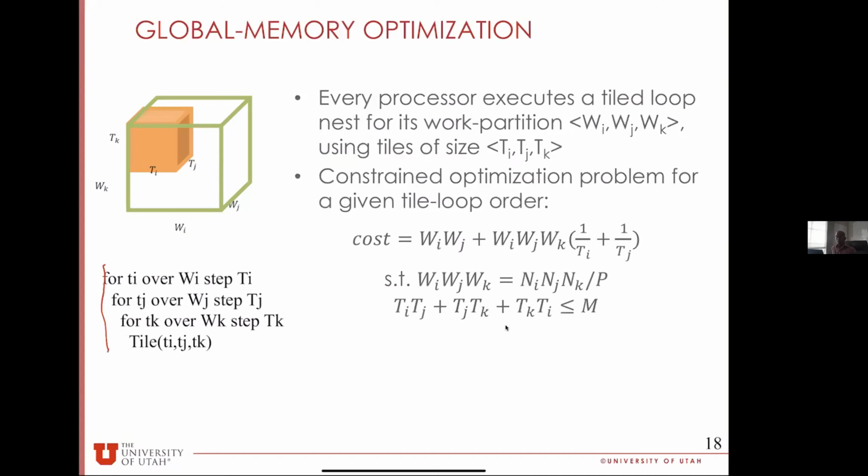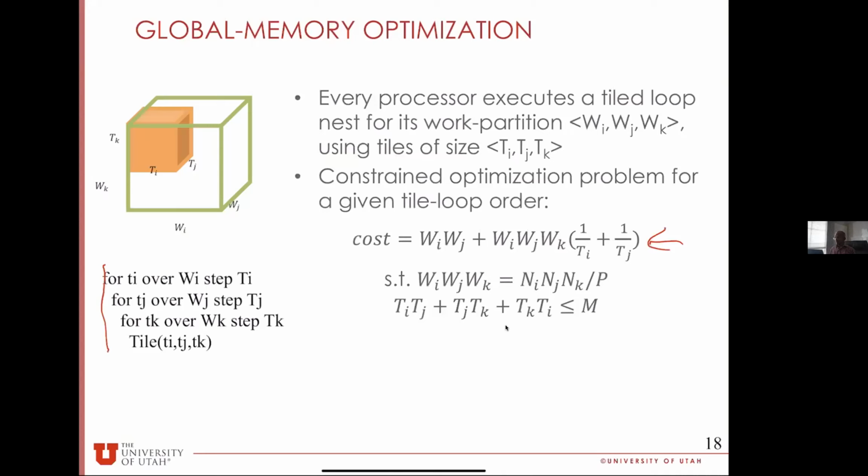So here we can formulate this in a similar fashion to how we formulated the data volume cost movement, because it's essentially a one-level memory hierarchy. This expression will be very similar to what I showed for the matrix multiply, where the W's are essentially the equivalent of the problem extent, because that's the subset of the iteration space that this processor is going to execute.